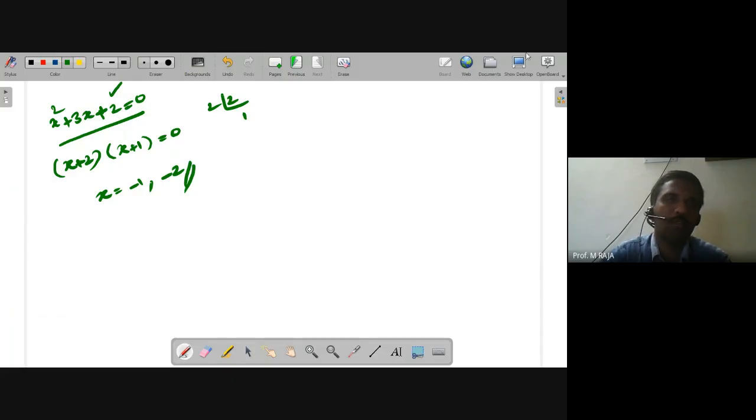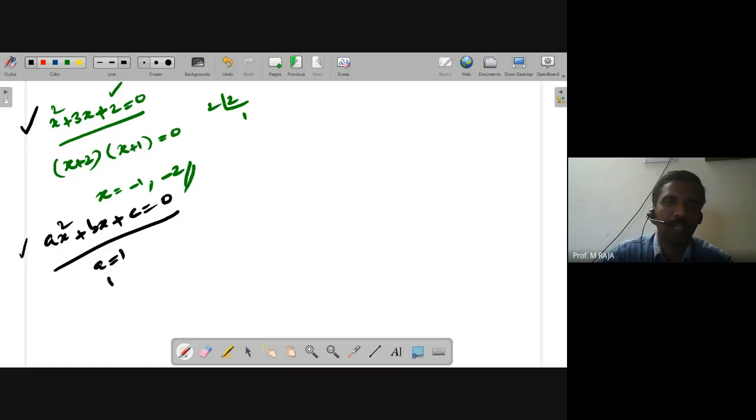Now provide the coefficients here as ax square plus bx plus c is equal to 0. Comparing this with the given quadratic polynomial, we have a is equal to 1, b is 3, c is 2.